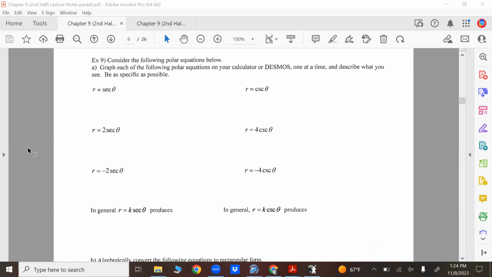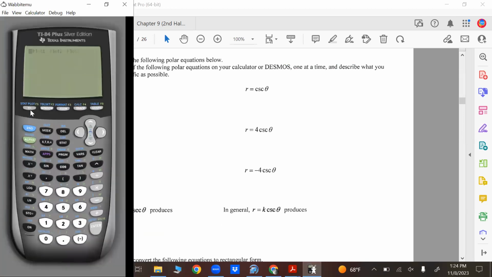So R is 1 over X over R. So R equals R over X. 1 equals 1 over X. Basically, X equals 1, right? If you were to solve it, that's what would happen. So that's what we expect to happen. X equals 1, right? But we'll go and graph it anyway.